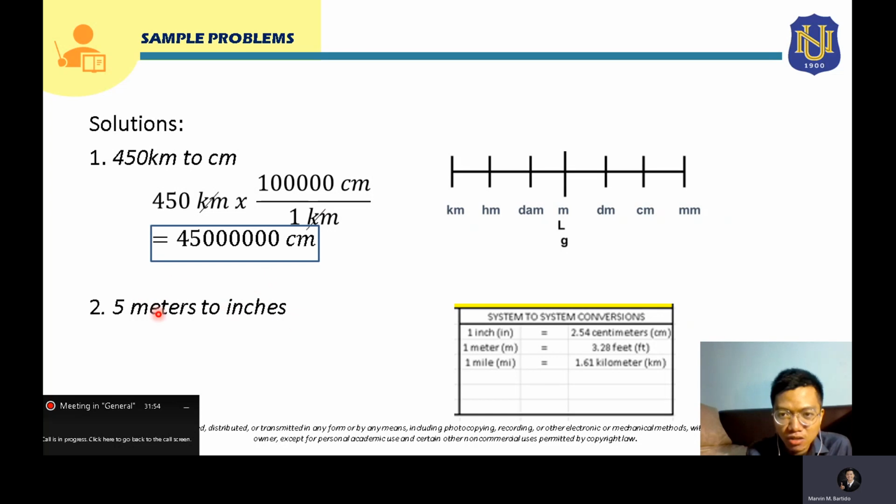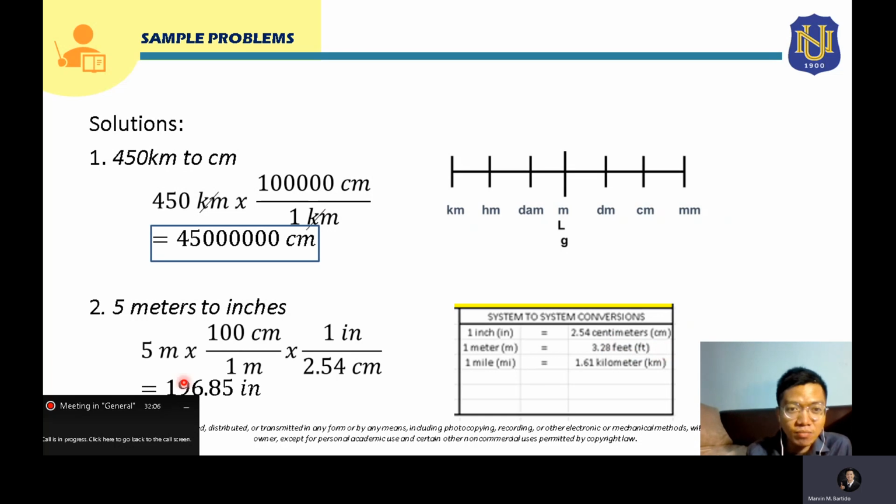Let's say from meter, you can convert that to feet, wherein you know that for every 1 foot, there are 12 inches. So you can use that. But you can also convert meter to centimeter, and then from centimeter, convert that to inch. We already have a conversion factor from centimeter to inches, so we can use that.